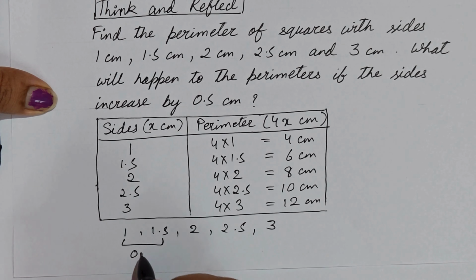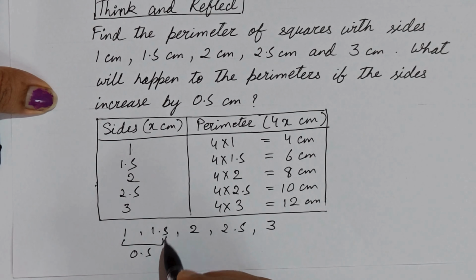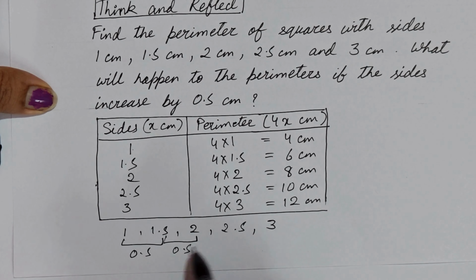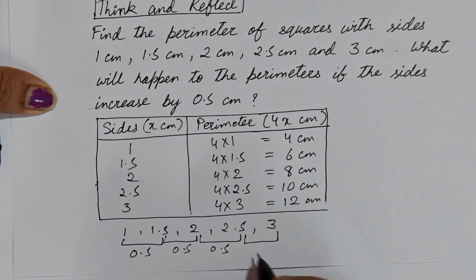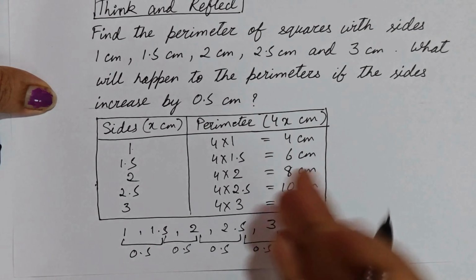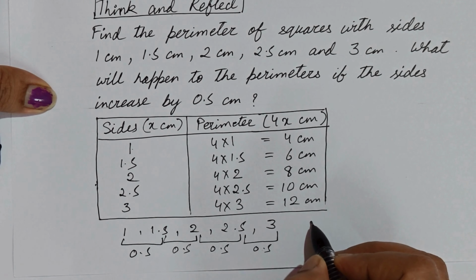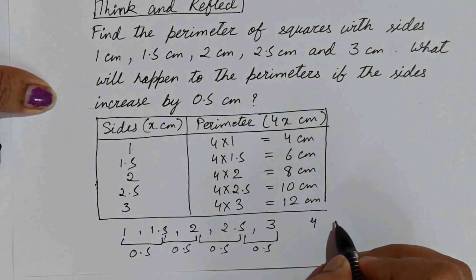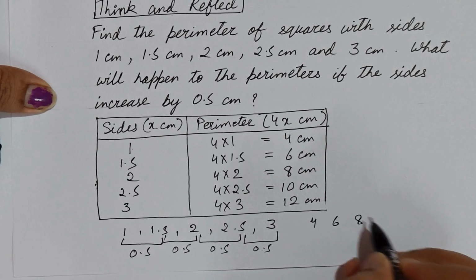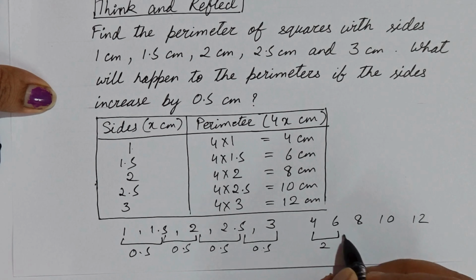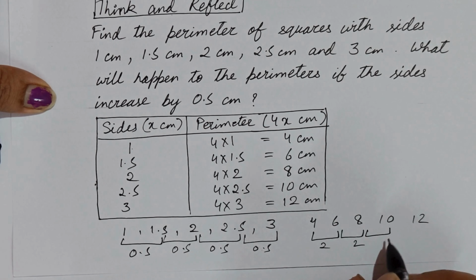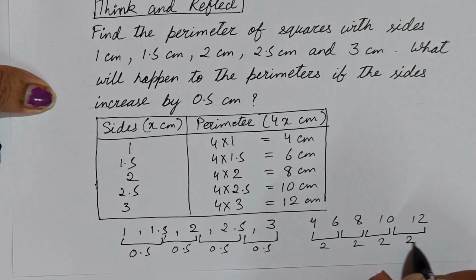Here you can see the pattern is increasing by 0.5, again 0.5, again 0.5, again 0.5. When the side is increasing, on the other hand the perimeter is also increasing. How? 4, 6, 8, 10, 12. That means a difference of 2 each time. It is increasing by 2 centimeter.